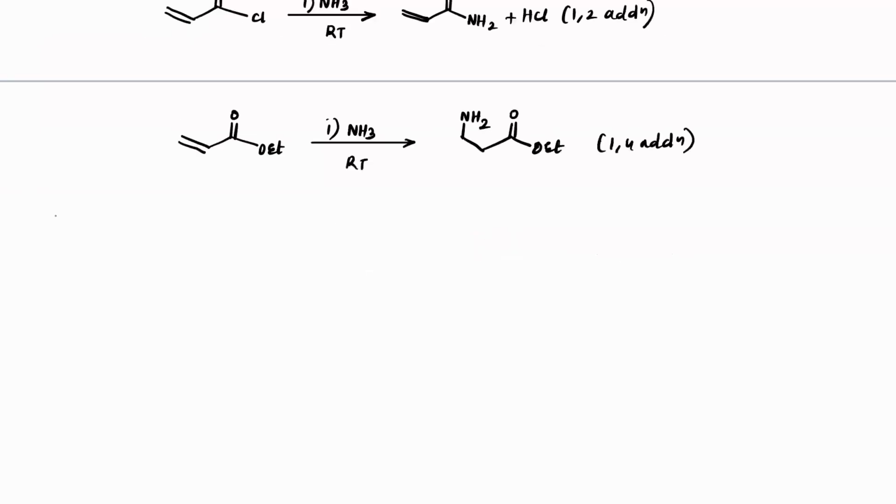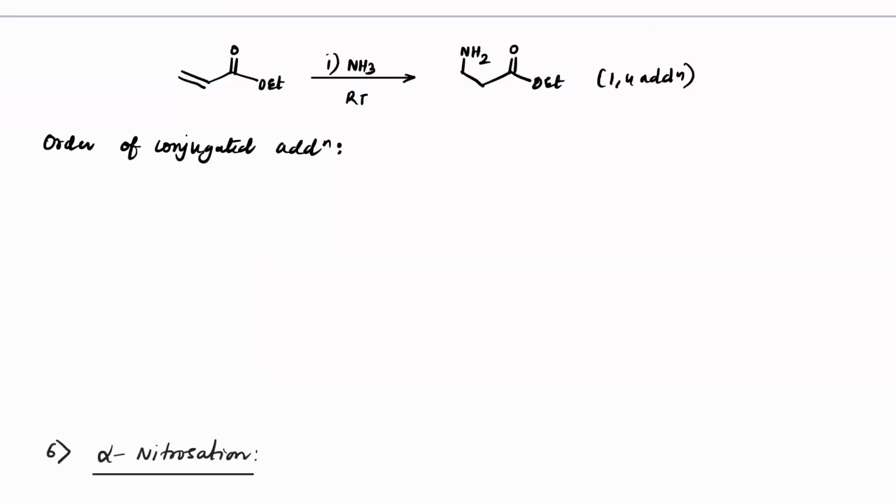So the order of conjugated addition, if you have to compare, right? Definitely in that case, you'll have double bond O, NR2, this is the strongest, and then we'll have NHR, NH2. So this and this. Here this is NHR, or here it is NH2.